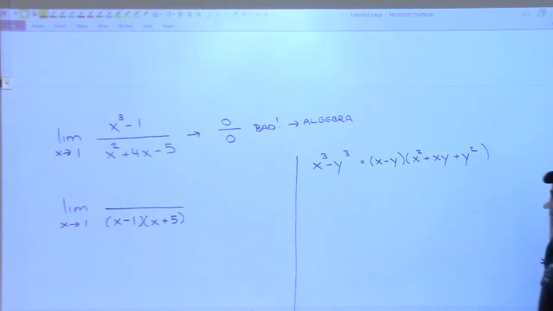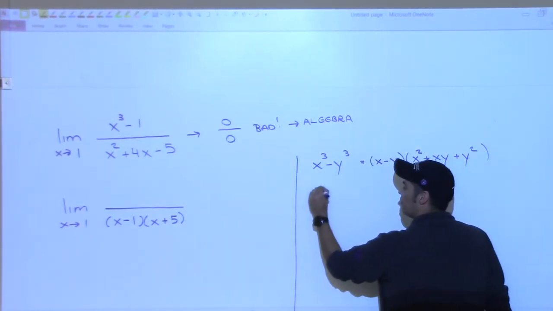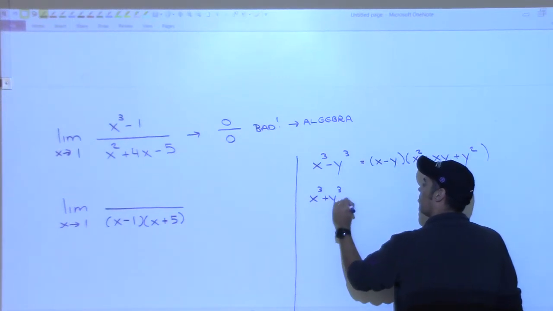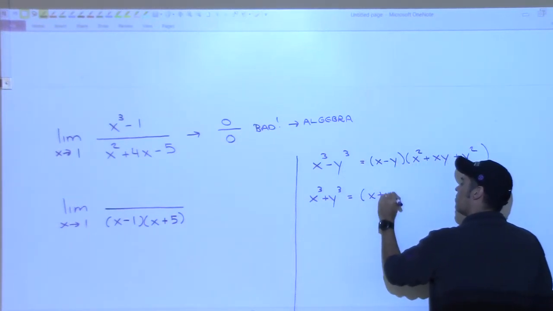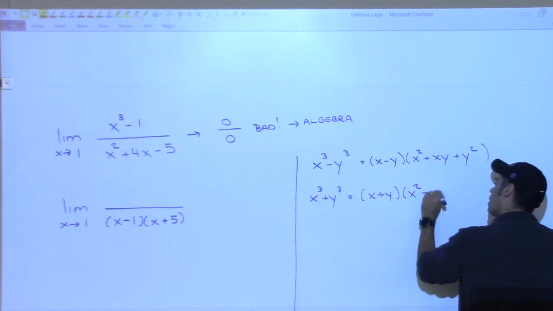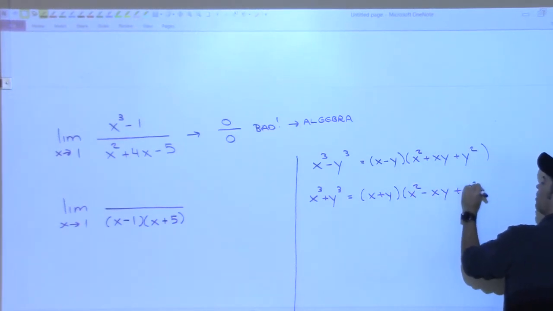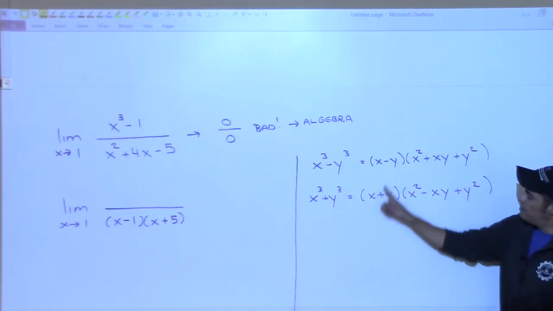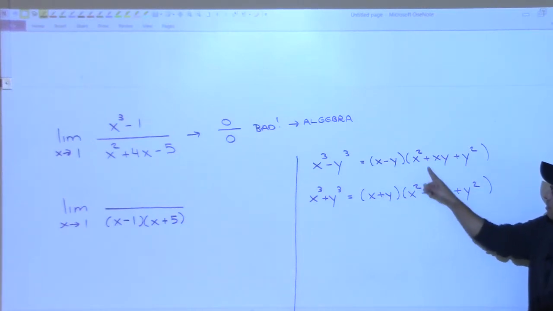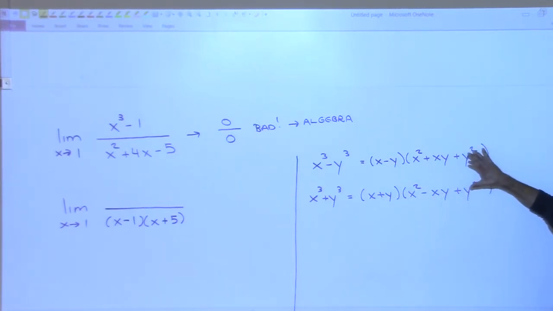That's the formula for difference of cubes. There's also a formula for the sum of cubes, which is very similar to this. The only difference between the two formulas is that's a minus, that's a plus, that's a plus, that's a minus. Both formulas have pluses here. But these are on your formula sheets.